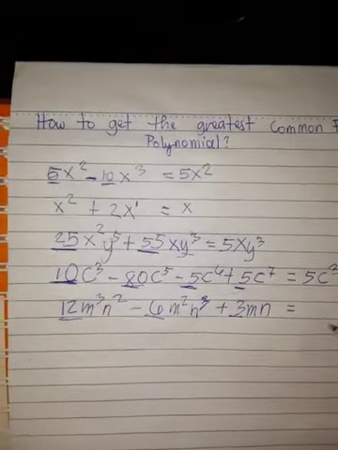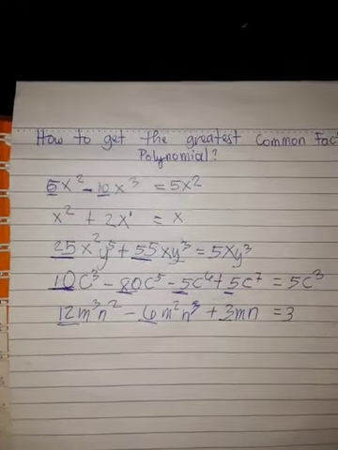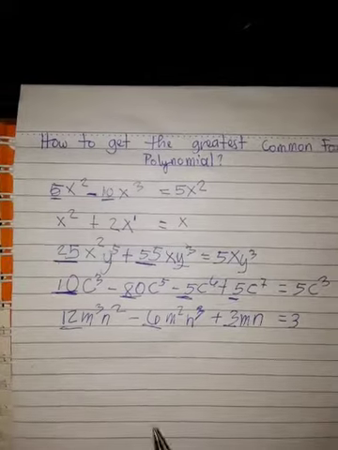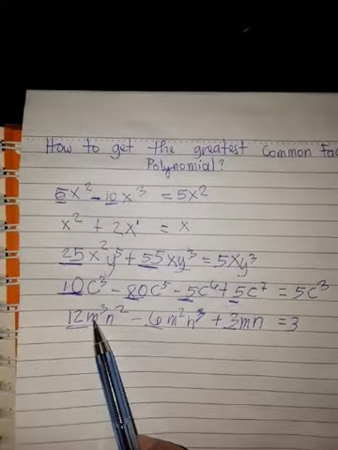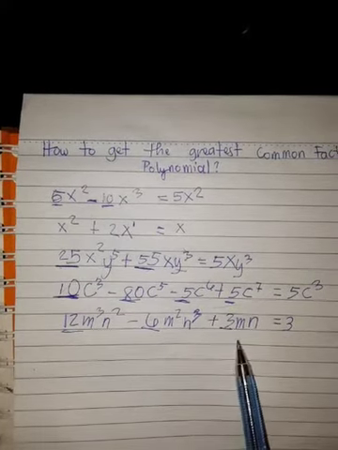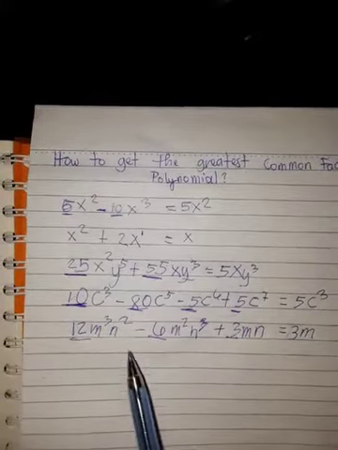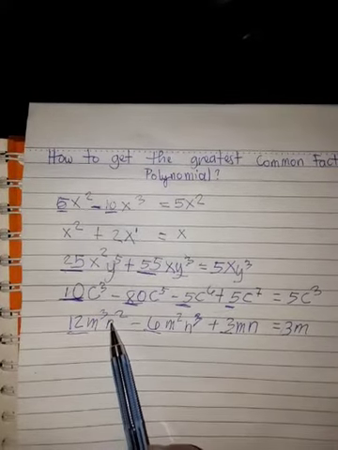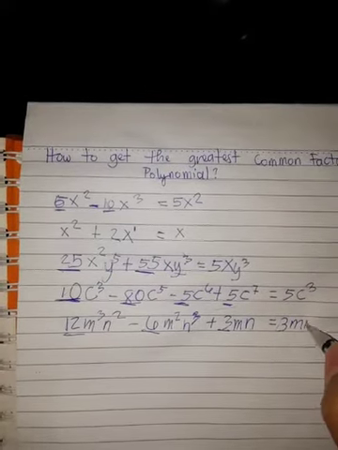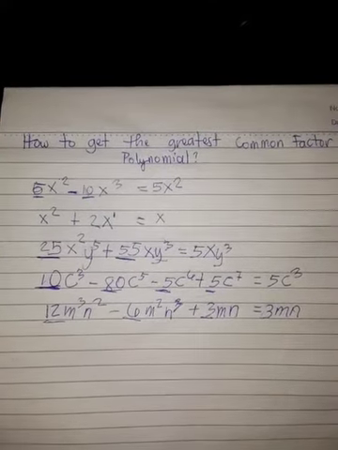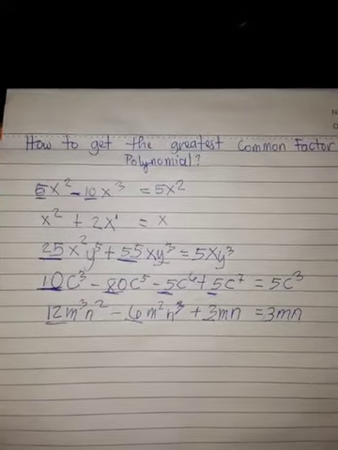All of them are divisible by 3, and 3 is their greatest common factor. All of them have the literal coefficient m, and we look for the lowest exponent, which is m. And all of them have n squared, n cubed, and n, so n. That's how we get the greatest common factor of a polynomial.